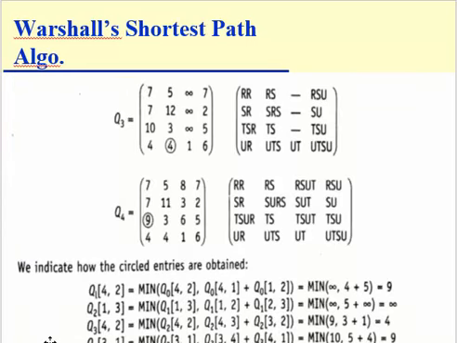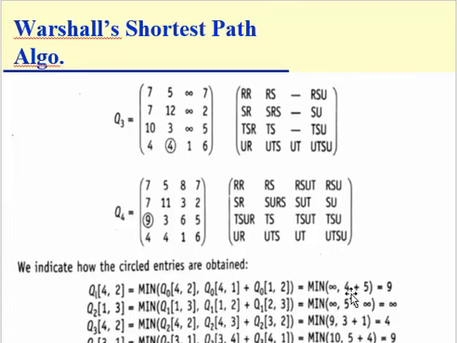You need to find out, suppose Q1 42, it will be minimum of, K value is 1 in that formula. Now it was K minus 1, so if it is 1, it would be Q0 42, comma Q0, you are going 4, I is 4, 4 to K, K is your 1, so 4 to 1, then K to J, 1 to 2, through one node.